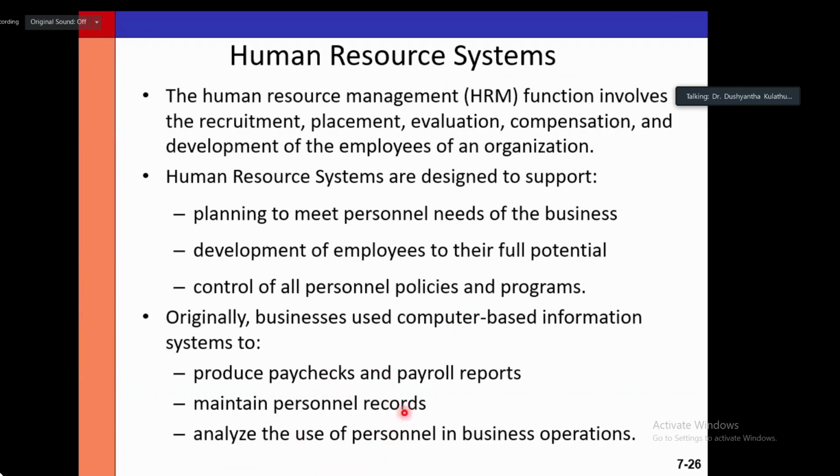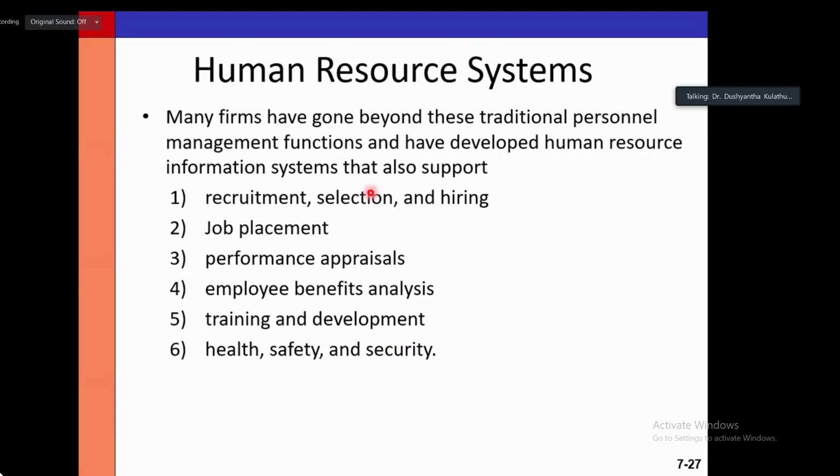So the organizations may be utilizing their human resource management systems to perform a number of other tasks related to their employees, starting from the recruitment and going up to ensuring the security and safety of employees. That can be done with the help of human resource information systems.